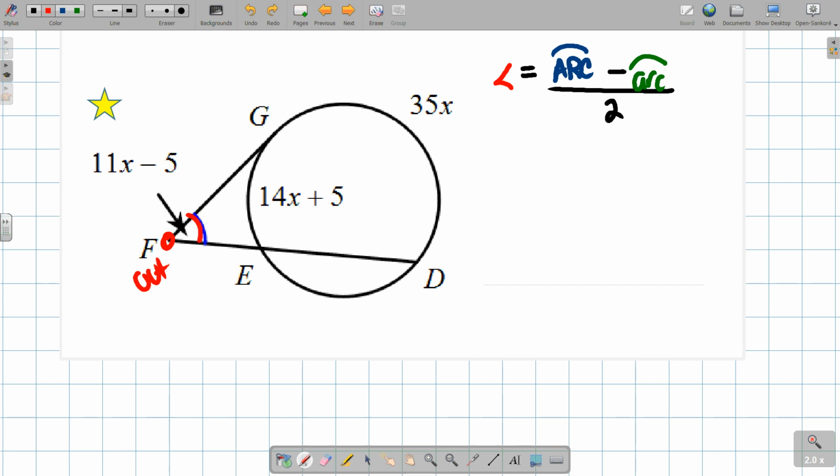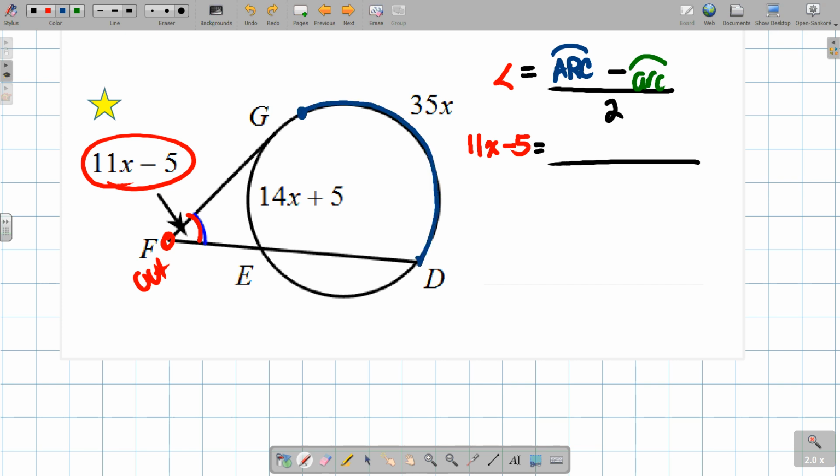Our angle right there is going to be 11x minus 5 equals big arc. I'm going to physically trace it from here to here. 35x. Now watch out, here's the tricky part. That's minus parentheses. This entire arc is 14x plus 5.